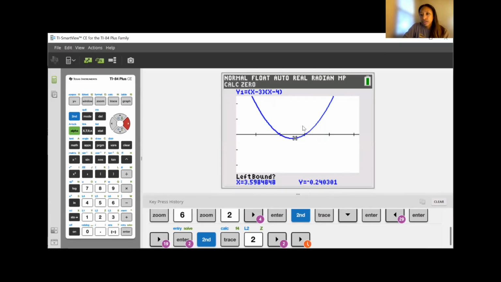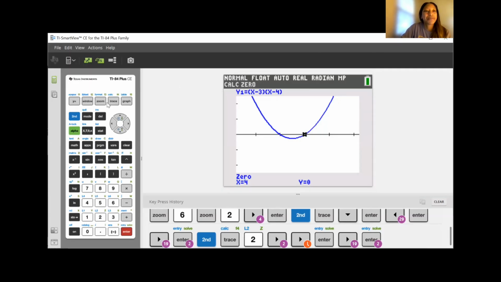So the x value that we're looking for is here. The cursor needs to be anywhere to the left of it. Hit enter. Then scroll to the right, past the 0, and hit enter again, and enter one more time. We see our other 0 is at 4, 0. That's it. Oh, no, we have to solve with the table also.